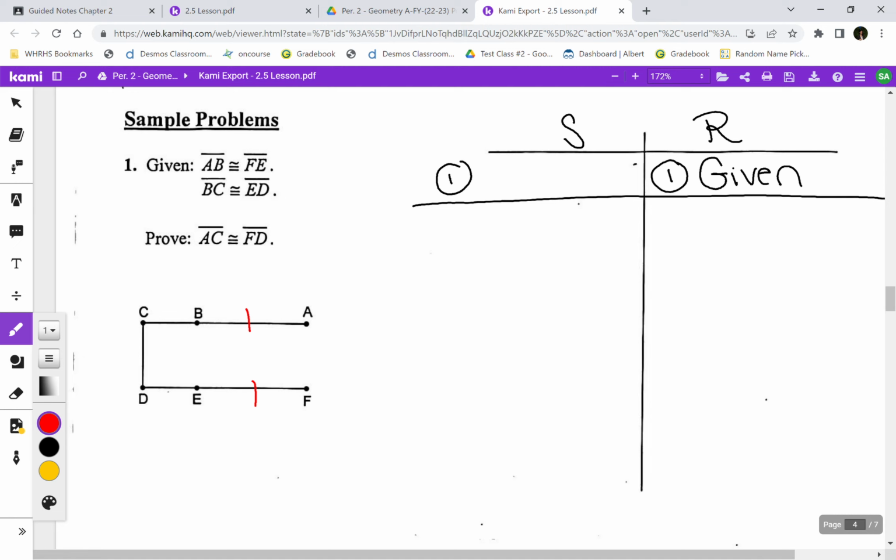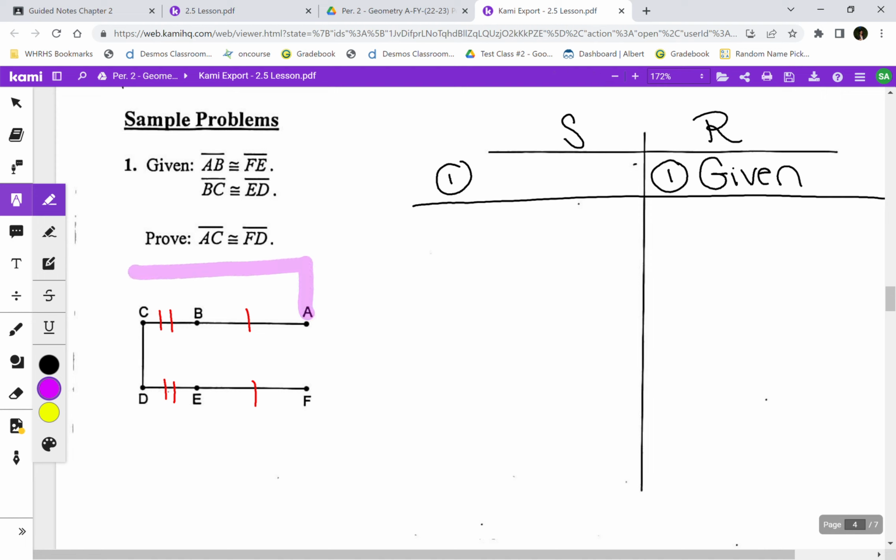Then it says that segment BC is congruent to segment ED. Should I put 1 slash again? No, we've already used 1 slash. So what should I do now? 2 slashes. What is it that we want to prove? We want to prove that all of AC is congruent to the whole segment FD.